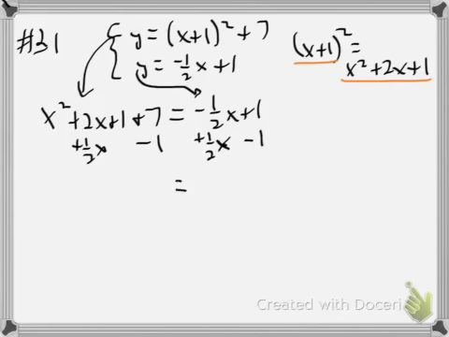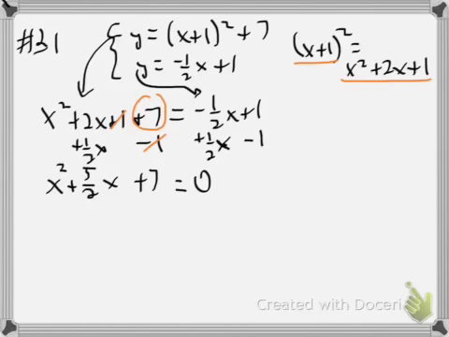So you get, well, it turns out positive 1 and negative 1 cancel out, so you're left with a positive 7. 2 plus a half is 2.5, which is 5 divided by 2, x, and I get x squared, and this is positive there as well, and that's set to 0.